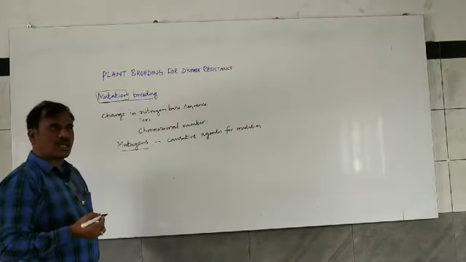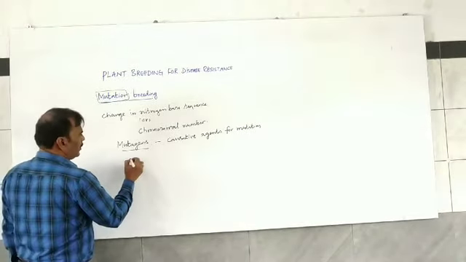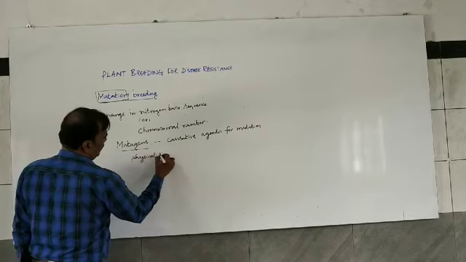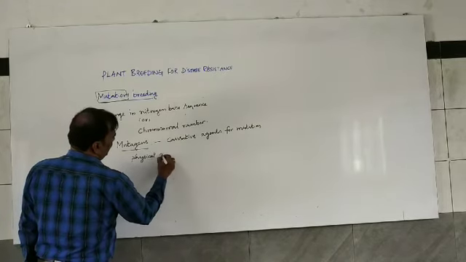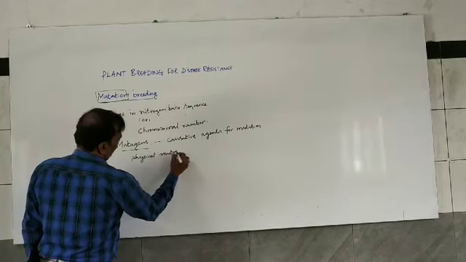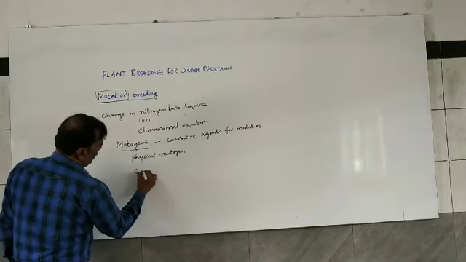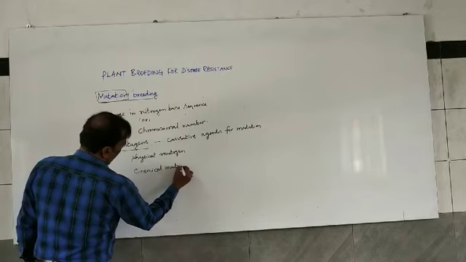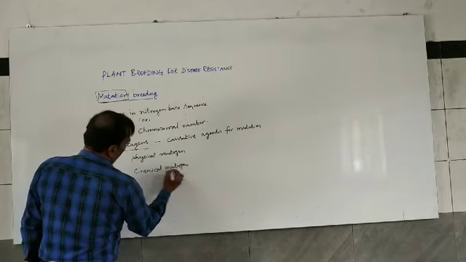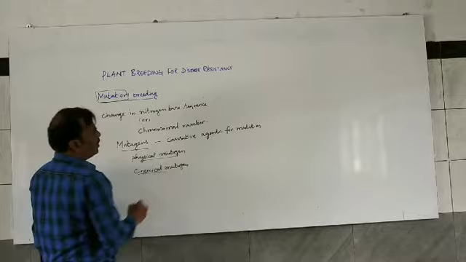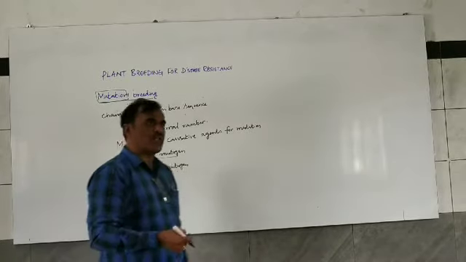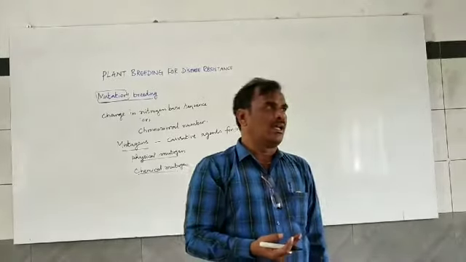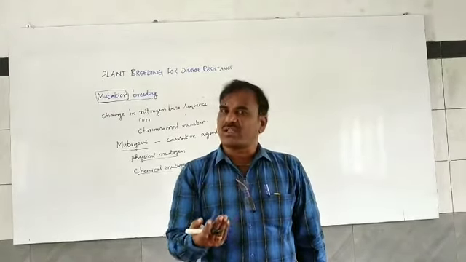These mutagens are of two different types: physical mutagens and chemical mutagens. These substances we can use to induce mutations artificially in plants.